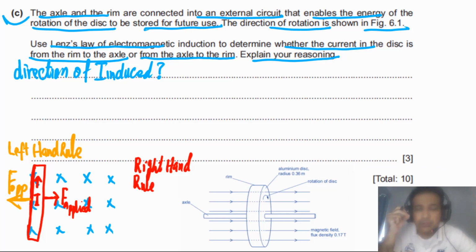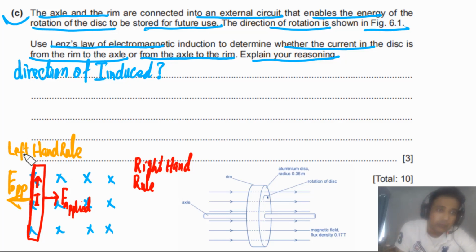Let's try to discuss a little bit more before we answer this question. If you look at this explanation, what we have discussed here, it simply tells us that the direction of induced current we can find by using the right hand rule. We can also find the direction of induced current by using the left hand rule based on Lenz's law.